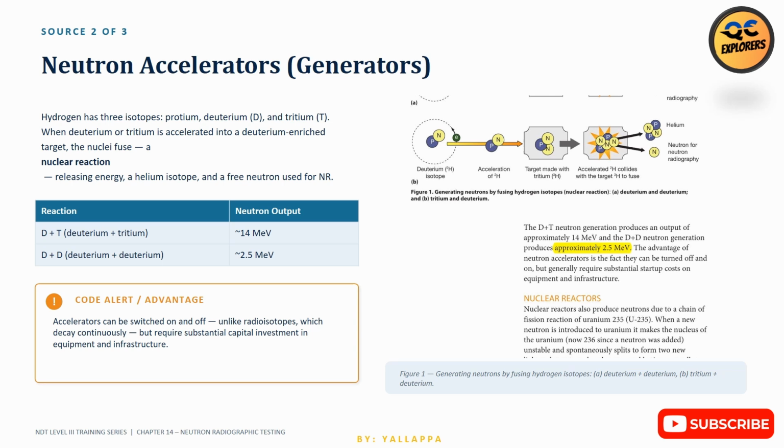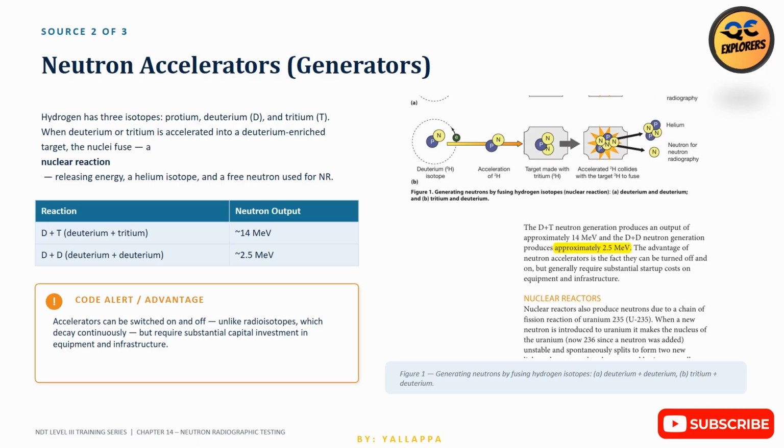This reaction produces neutrons with an energy of approximately 14 mega-electron volts, making it the highest output reaction used in neutron generators. The second is the deuterium-deuterium reaction, or DD reaction. This produces neutrons with an energy of approximately 2.5 mega-electron volts. For examination purposes, remember that DT produces significantly higher neutron energy than DD.